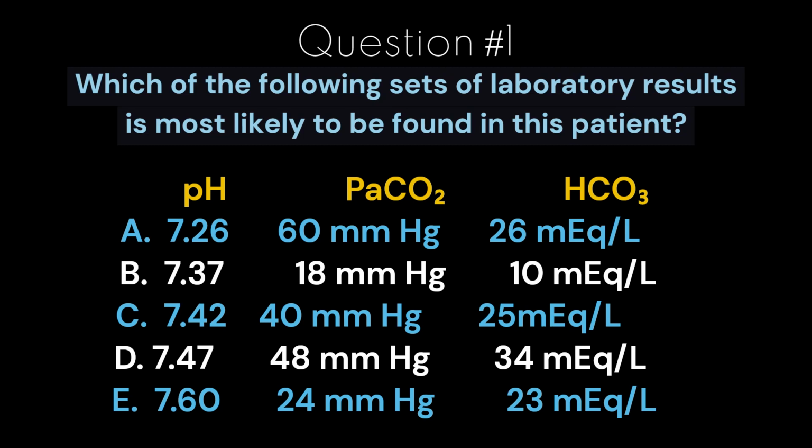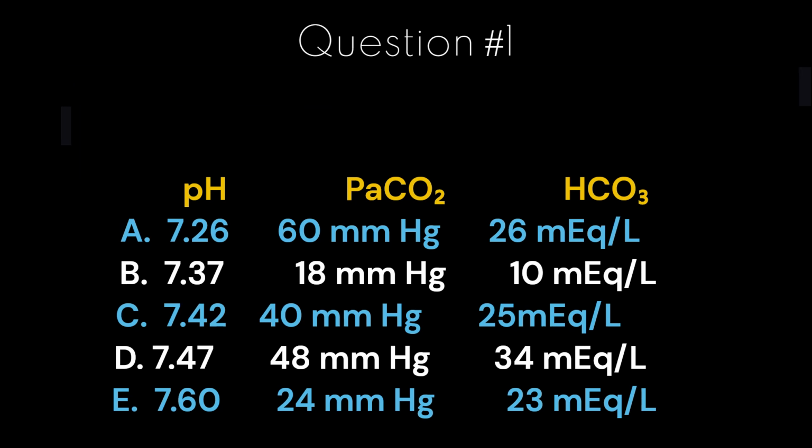Arterial partial pressure of carbon dioxide 40. Bicarbonate 25. D. pH 7.47. Arterial partial pressure of carbon dioxide 48. Bicarbonate 34. E. pH 7.6. Arterial partial pressure of carbon dioxide 24. Bicarbonate 23.